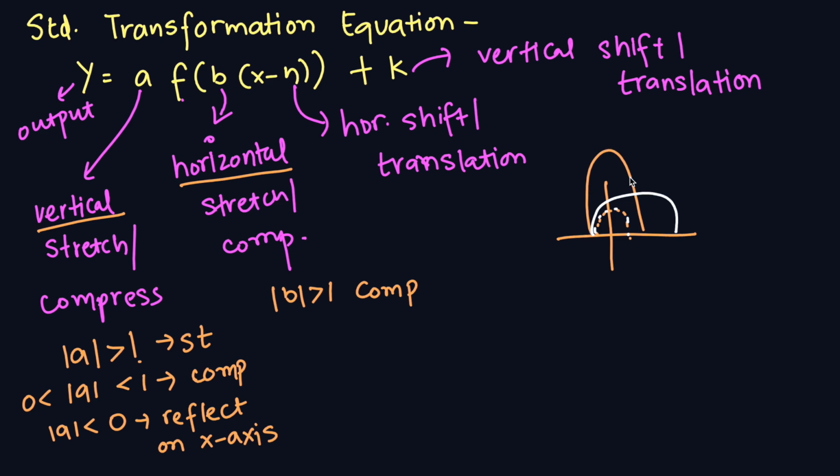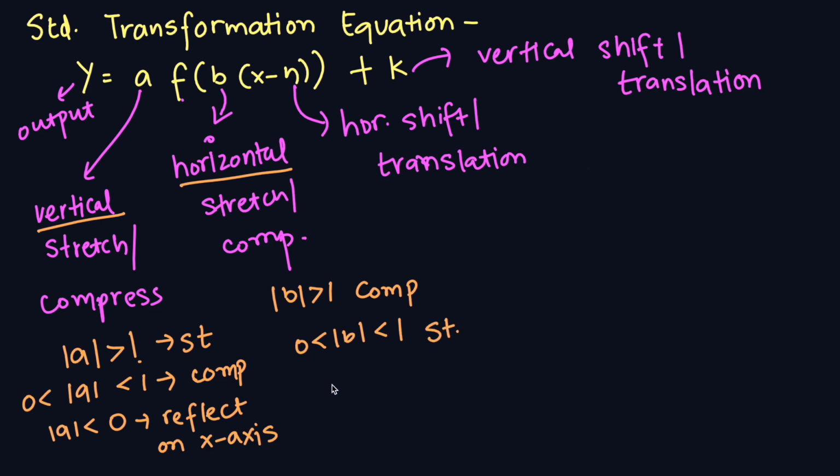So this is the vertical stretch, this is the horizontal stretch. Moving forward, if B lies between 0 and 1, it is going to stretch. Again, if B is a negative number, our graph is going to reflect, but this time it is going to reflect on the y-axis.